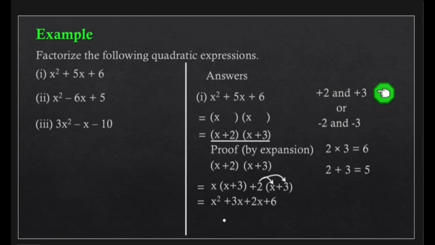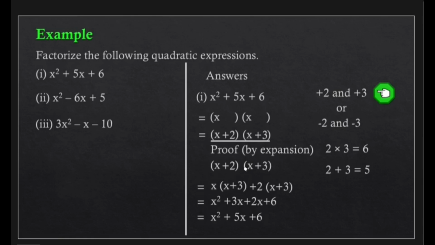Then you drop down the same x squared, and you add, because positive 3x and positive 2x are like terms, so you can add 3x plus 2x, which will give you 5x. So when you look at this expression here, it is similar to the original expression, hence our answer was true. Alright, so let's look at example 2.